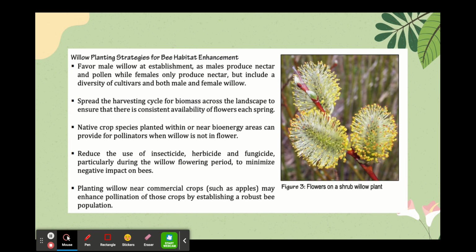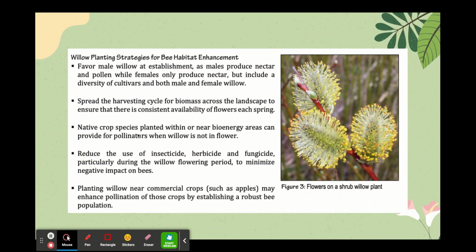And so, because of that, they're trying to create more of these places where these willows are that will flower in order to keep the bee populations alive. So, it will go through exactly how this happens. But what I want you guys to know as well is that these are going to be a bioenergy area. Okay, so this is where these plants can also be used for energy.